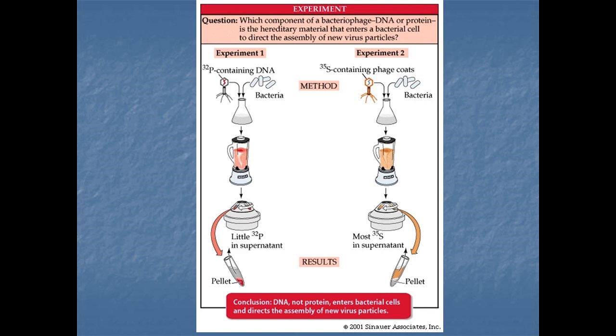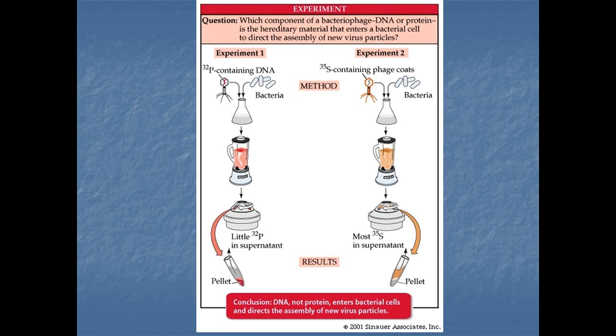After the centrifugation, they got very little 32P in the supernatant, because the ghost particles are present in the supernatant, but during the infection the 32P got transferred into the host, so it settled down in the pellet. So in the supernatant they found very little 32 phosphorus.